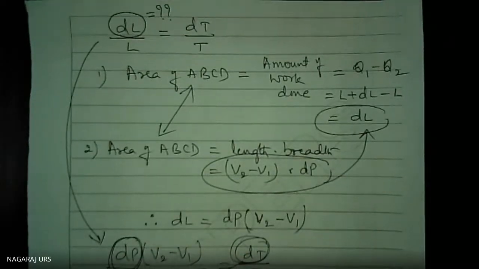What is that next 2 marks question? First 2 marks question: explain the effect of pressure on the melting point of the substance. Don't forget, maybe it is different materials, including the ice cube. By using the Clapeyron latent heat equation, explain the effect of pressure on the melting point.